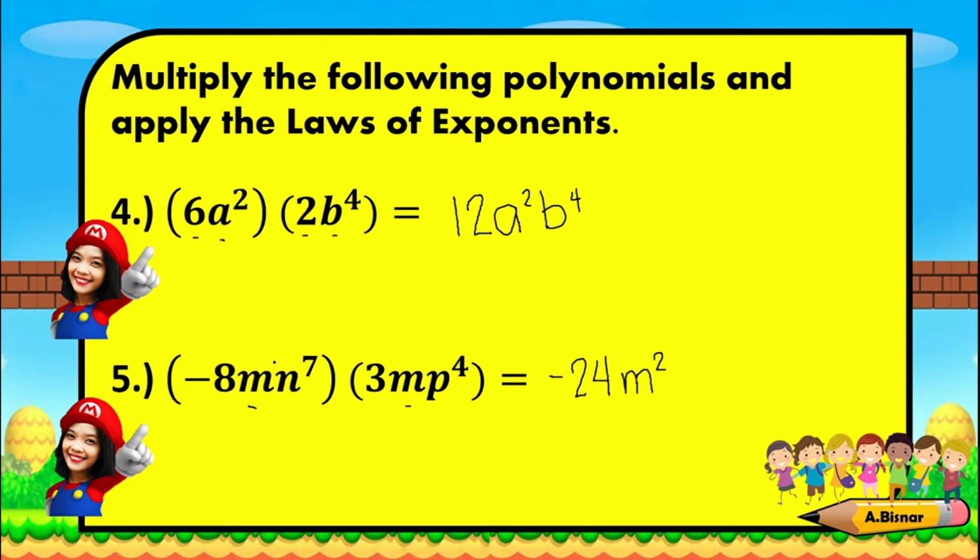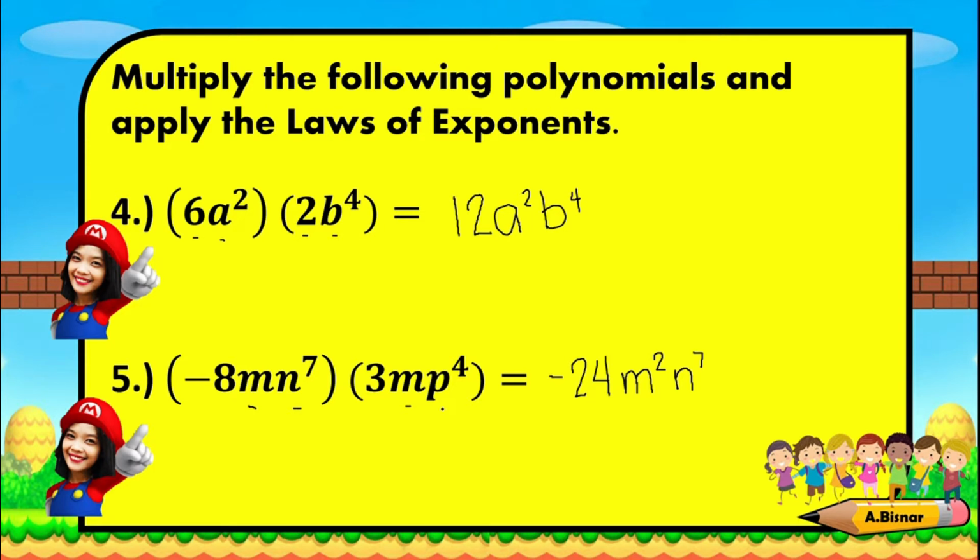Why? Because the exponent of m in here is 1. The exponent of m in here is also 1. And so 1 plus 1 will be 2. Next, take a look at n raised to 7. Is there any other n? Since there's no other n, we'll just simply copy n to the 7th power.